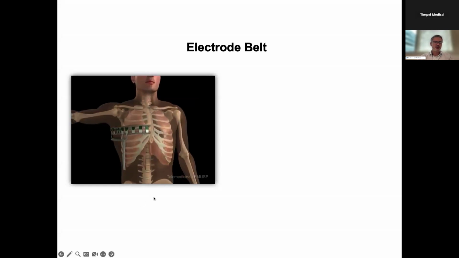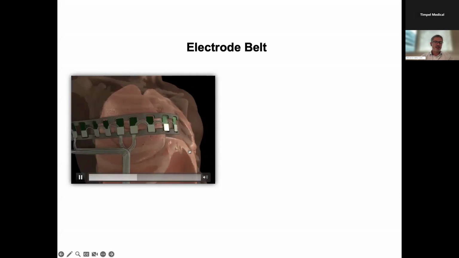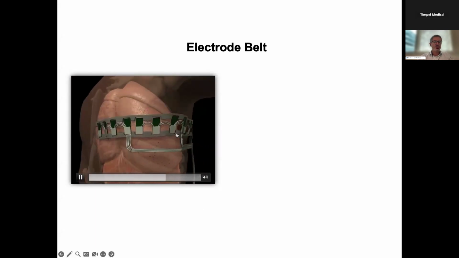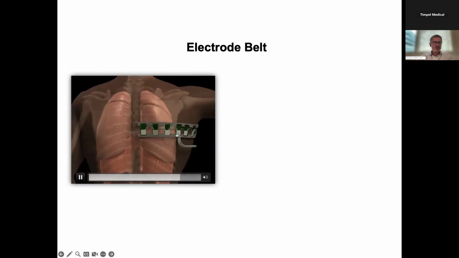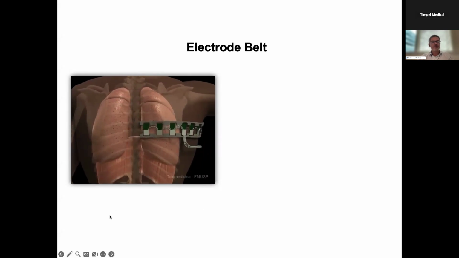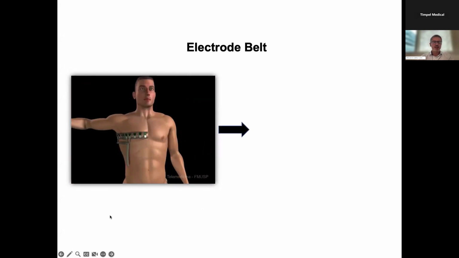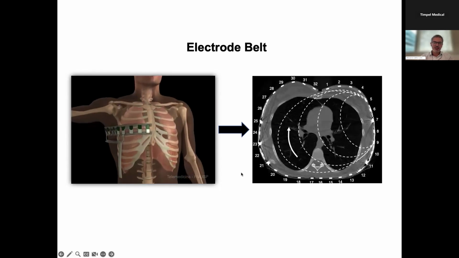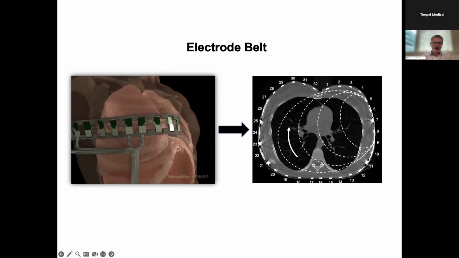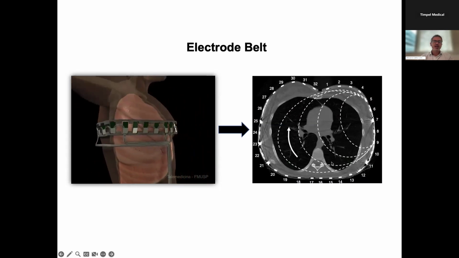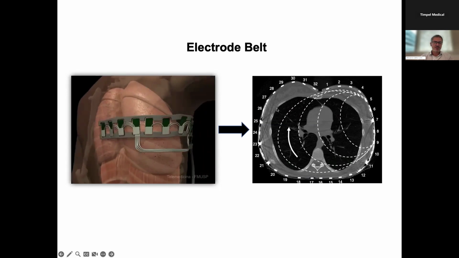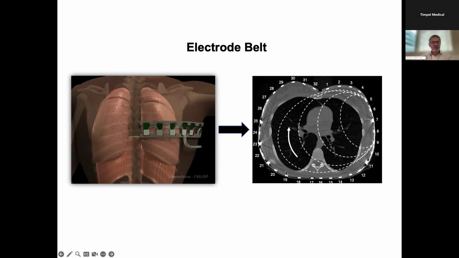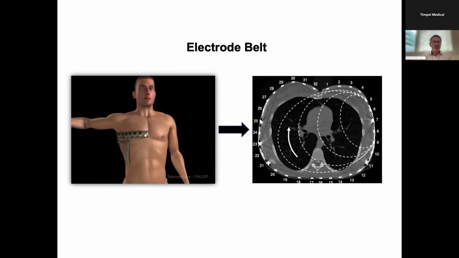For those of you unfamiliar with the technique, you just put an electrode belt, this is one part of the belt, around the thorax of the patient, and through this belt, you inject tiny alternating electrical currents. As this current crosses the thorax, it will lead to different voltages on the surface, and this can be transformed, using a reconstruction algorithm, into an image.